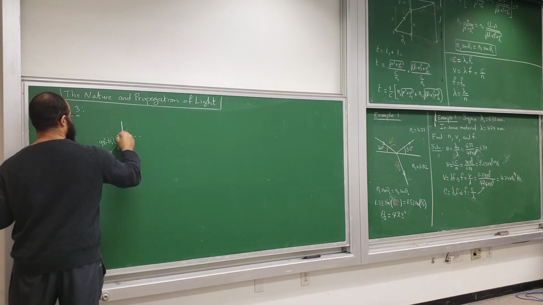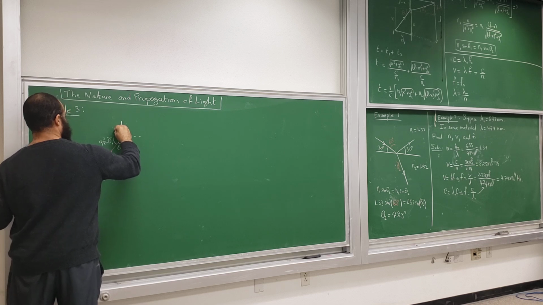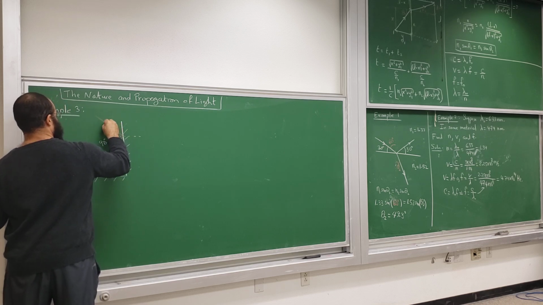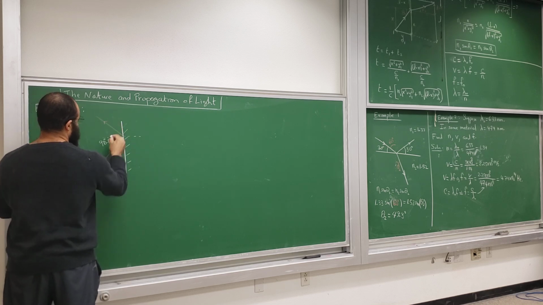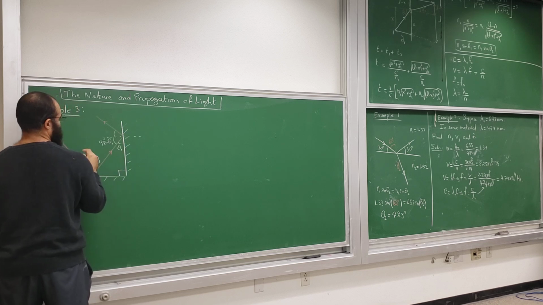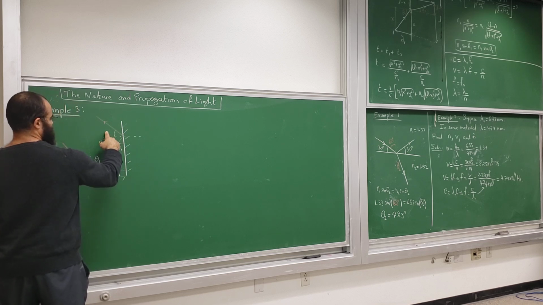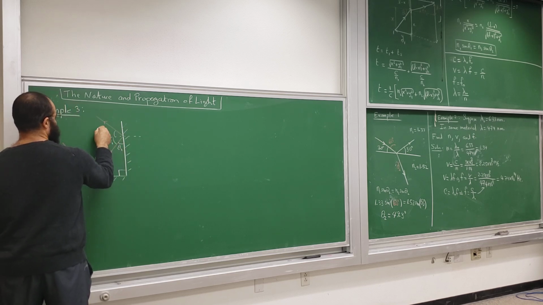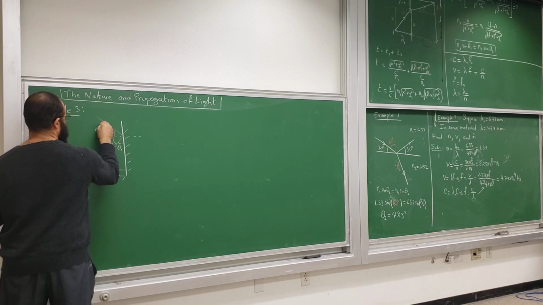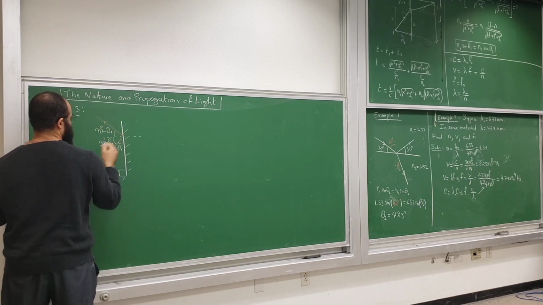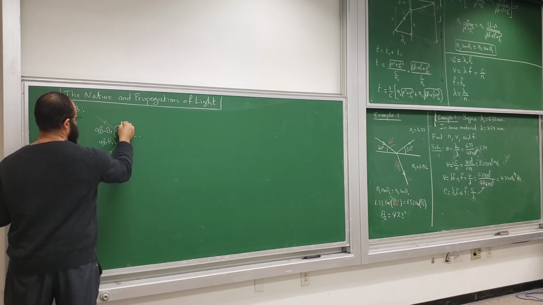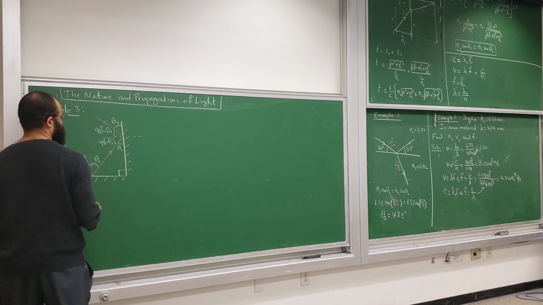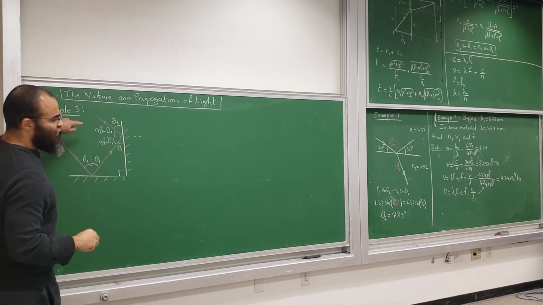And then it will reflect this way, right? And what would this angle be? Yeah, this should be equal, right? Reflection, 90 minus theta 1. And what is this angle? Theta 1, yeah. So what do you conclude about the two rays?